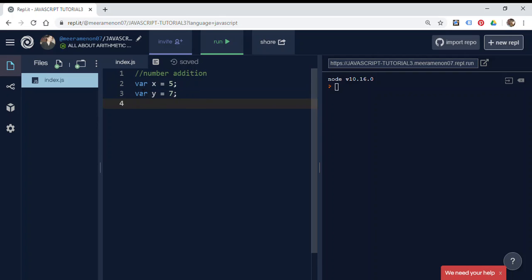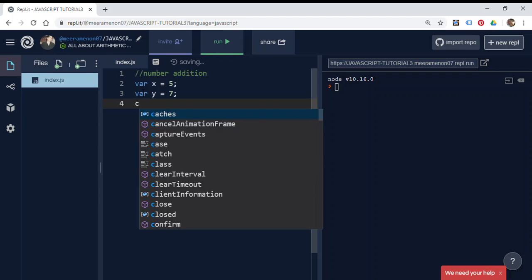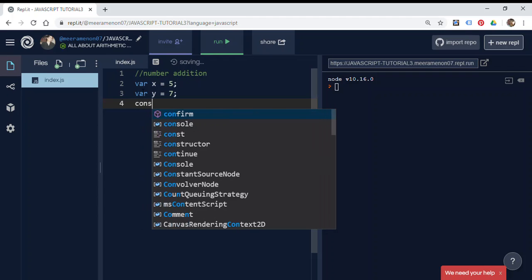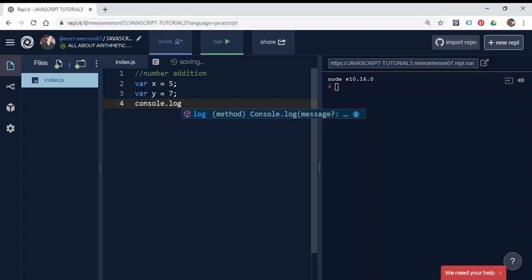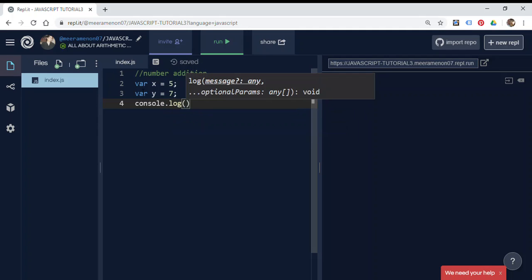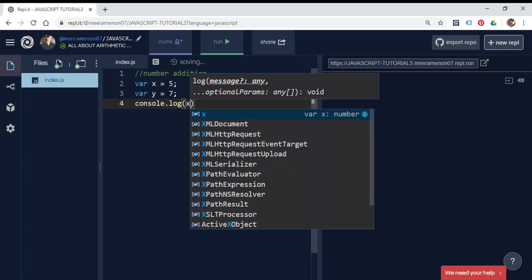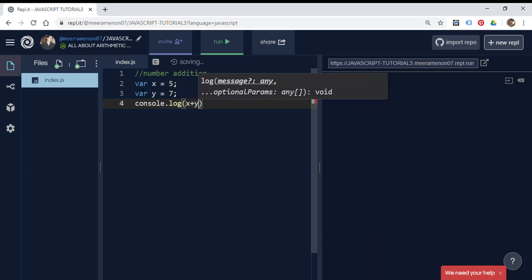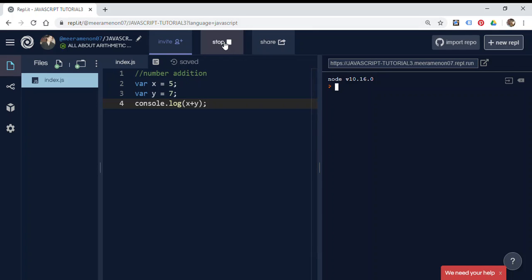So the syntax that we write could be console.log x plus y, right? The two numbers, you need to add them up. Don't forget the semicolon. And then let's run. As expected, the value is 12.